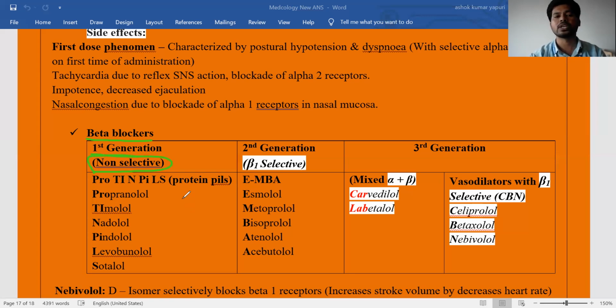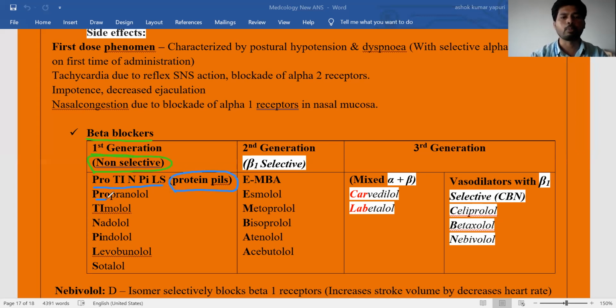Regarding classification, the first generation beta blockers are called non-selective beta blockers. There are a number of examples in the first generation. The simple mnemonic you have to remember is PRO-TI-N-PI-L-S, spelled like "protein pills".